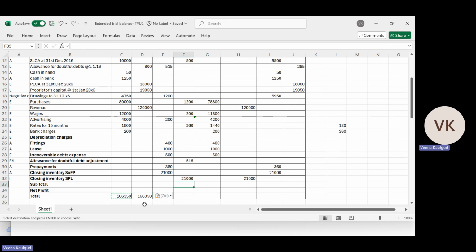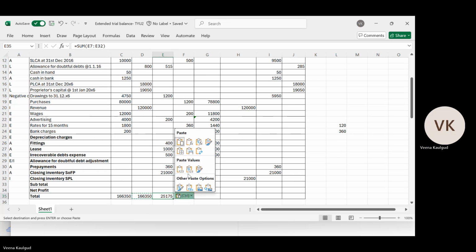Okay. Let me see if the formulas have been dragged. Sum D7, yeah. And let us look at this formula now. 25,175. Wait 1 second, guys.